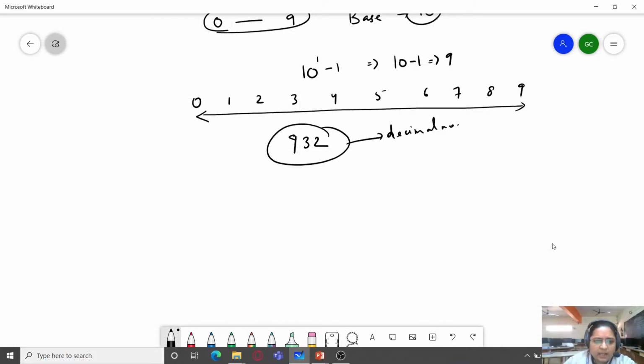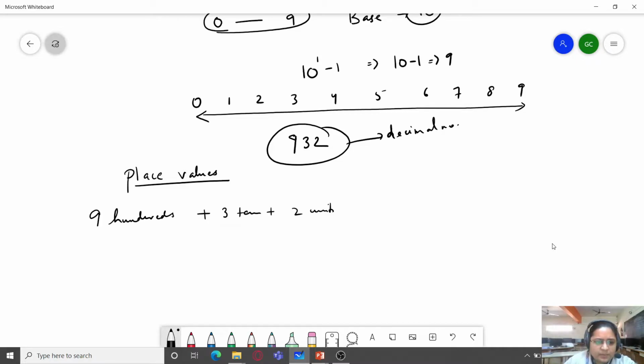Basically in the decimal number system we make use of place values. Every number has its significance through place values. How? Here we will have 9 hundreds plus 3 tens plus 2 units.